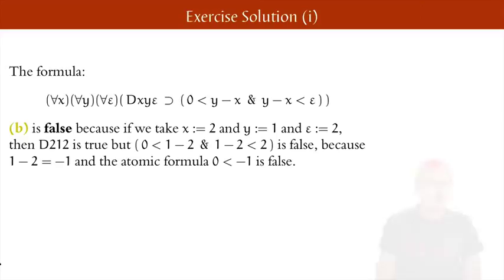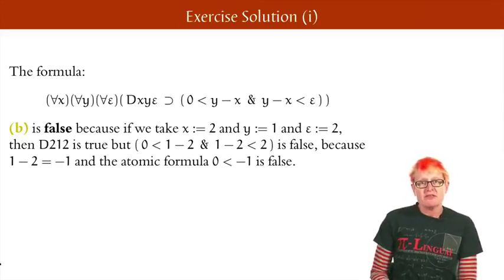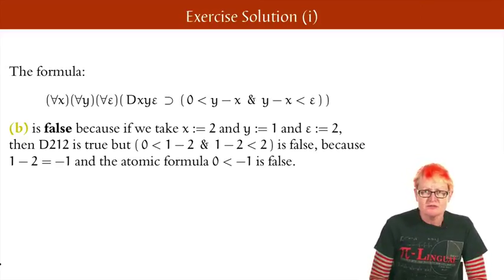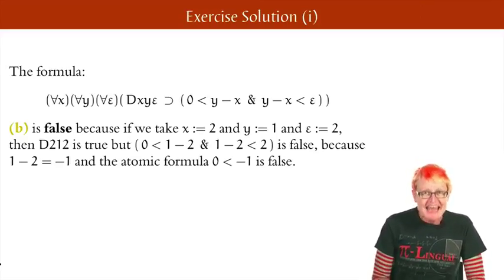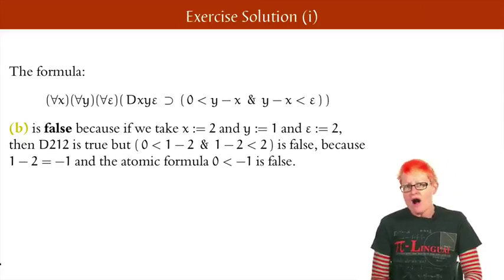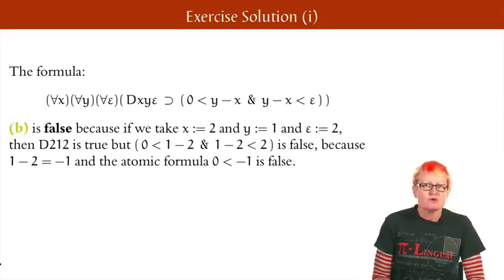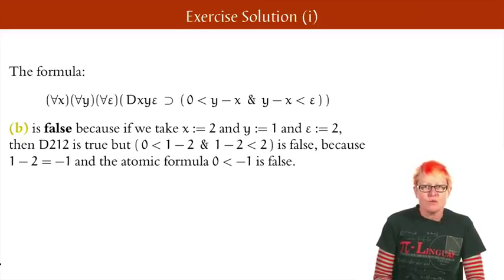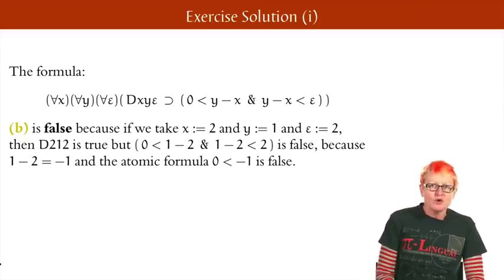Okay, how did you go? For exercise 1, the correct answer is B. The formula is false because we can take as an instance x greater than y, such as x is 2 and y is 1. Then their actual distance is 1 and 2 is bigger.